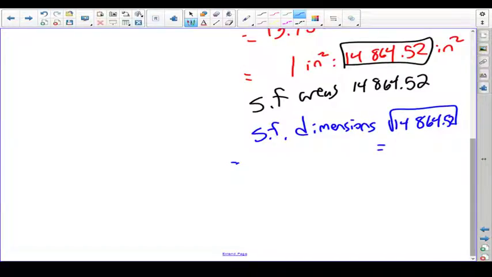And what is that? 121.92. So what this means is the length and the width of the real park is 121.92 times bigger than that of the scale. Okay, that's what that means. So we're kind of working backwards here.